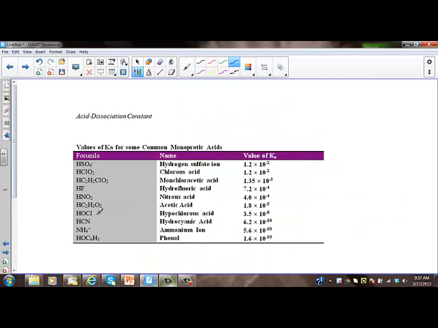Okay, moving on. Acid dissociation constant. So this is just like anything else that we've been doing. We are going to use Ka values, just like we did in the equilibrium unit. So Ka is going to be equal to the concentration of the products over reactants.